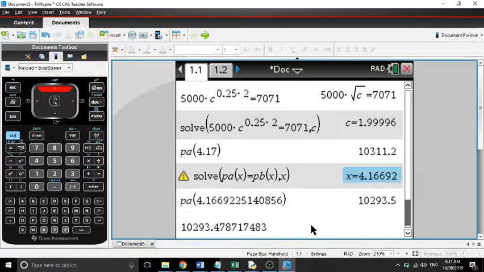Alternatively, this might work. Because we've put this in, we may be able to just look at this, and here we can get 10,311.219 would be that. So I would have to accept either one.